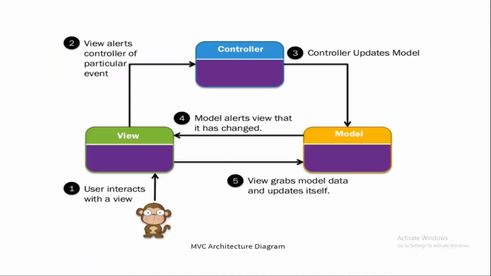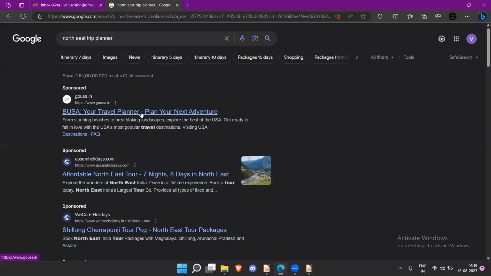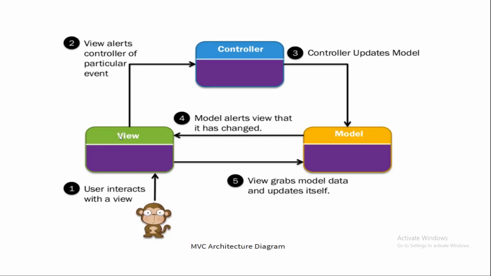So let's say, this is one more way of representing. You see here, view is the one where the end user is seeing that data. And whenever you make some kind of changes to the view, I'm clicking on this site, what happened? Now the control went to controller.